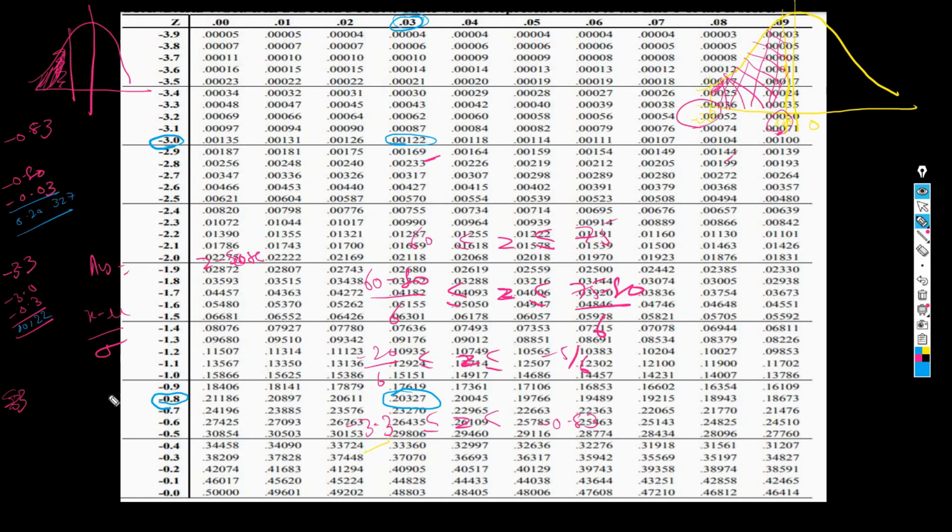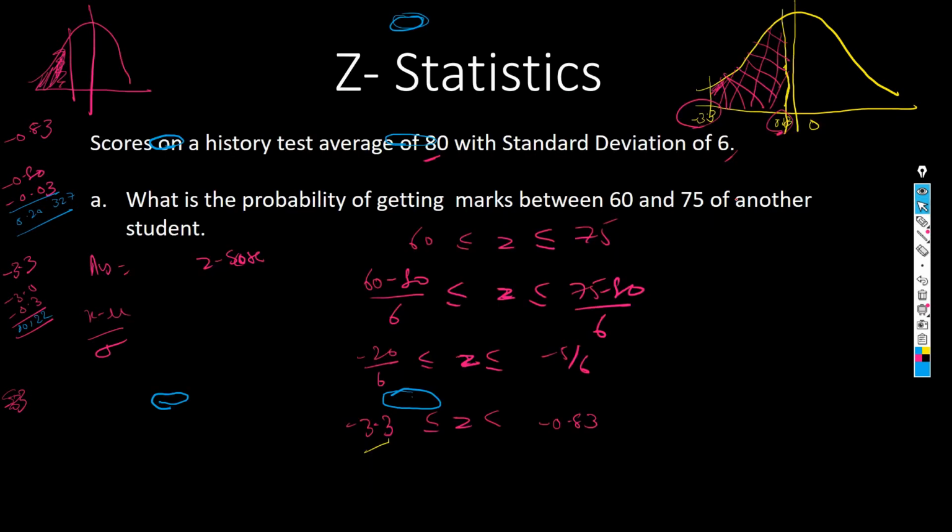Let's move back and see over there. For minus 3.3 I have a probability of 0.00122, and sorry, for minus 0.83 I have a probability of 0.2032.